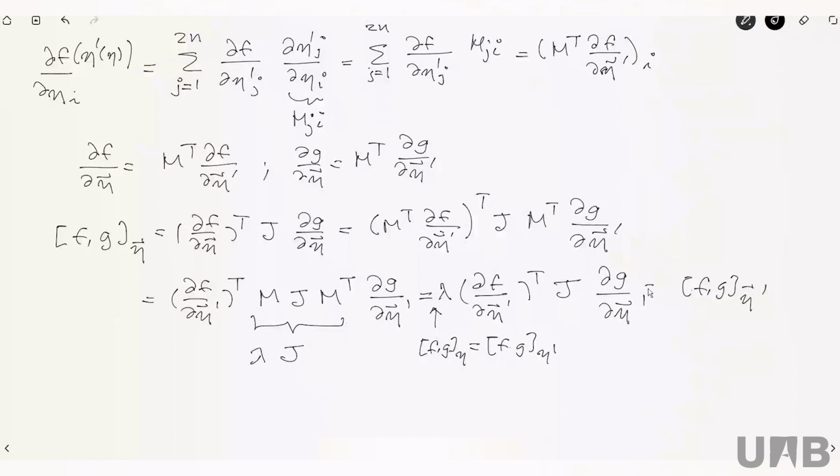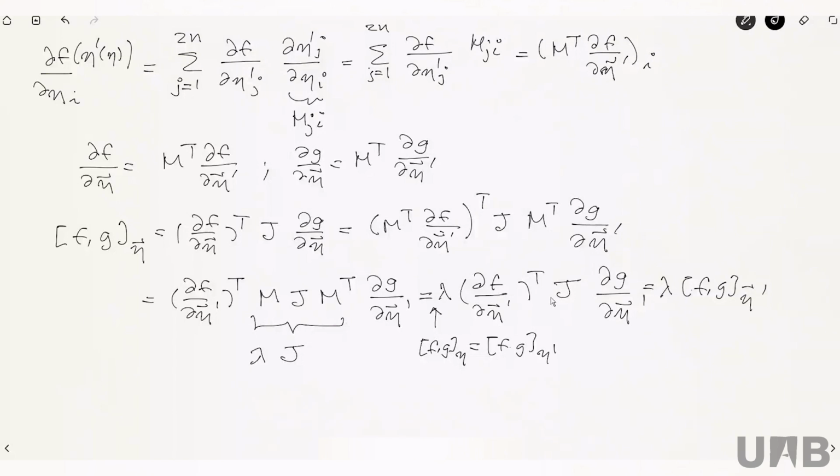So let's put a lambda here. In general, there is a lambda. So that's one thing. But then the other thing is that if the Poisson brackets are invariant, if this thing equals that thing for all f and g, then the matrix in the middle has to equal J, right?